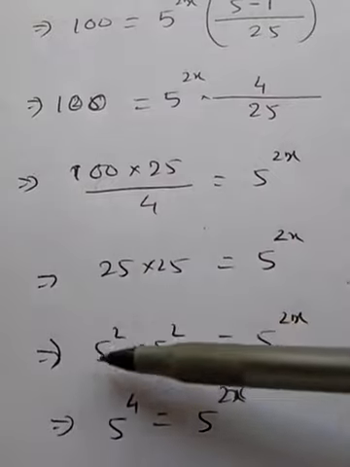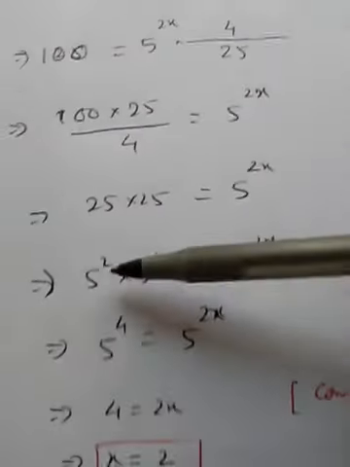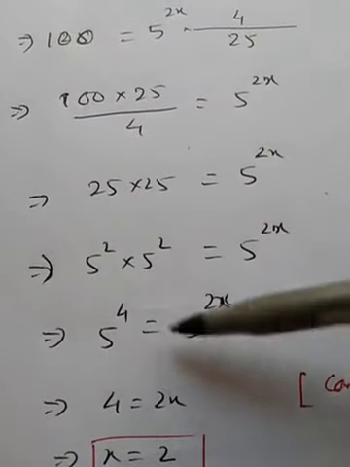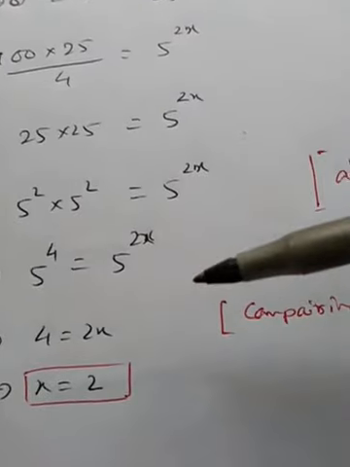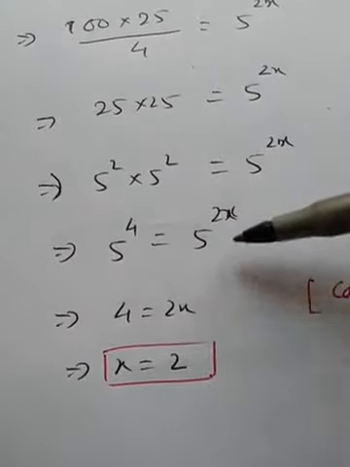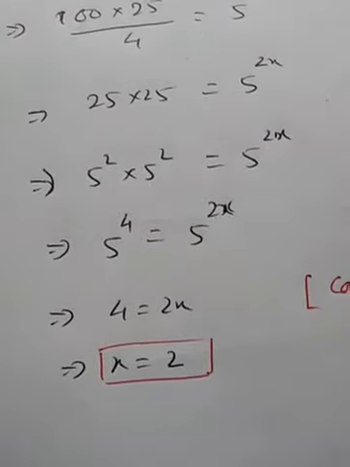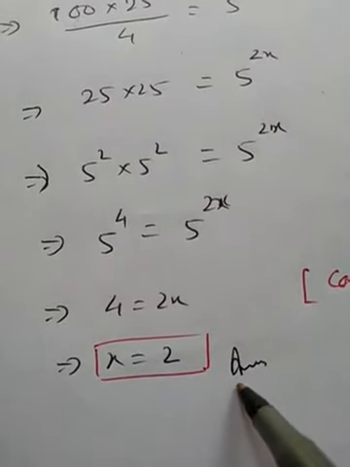So 25 means 5 square, here also 25 means 5 square. So again here 5 to the power 2 plus 2, 4, and here it is 5 to the power 2x. Now here also we will compare the exponents of this relation, then we will get 2x equal to 4. From here we will get x equal to 2, which is the required answer.